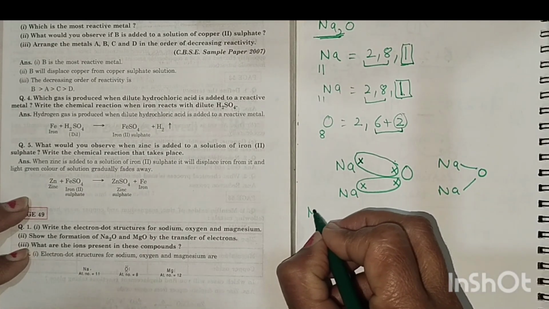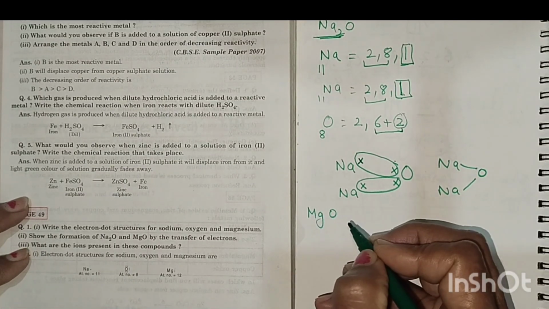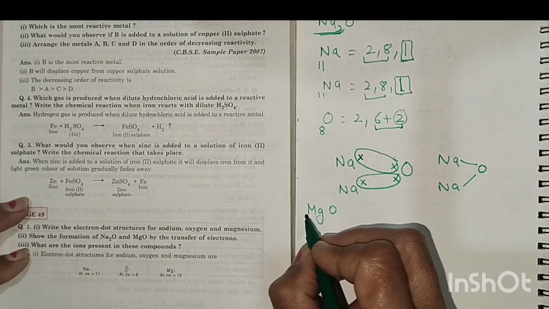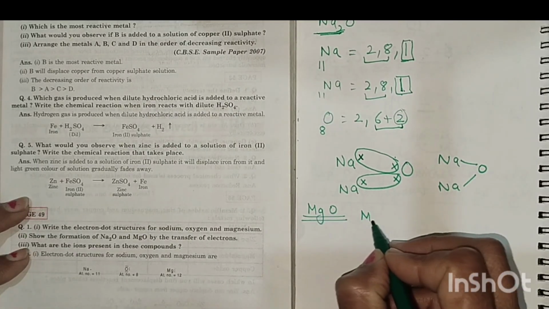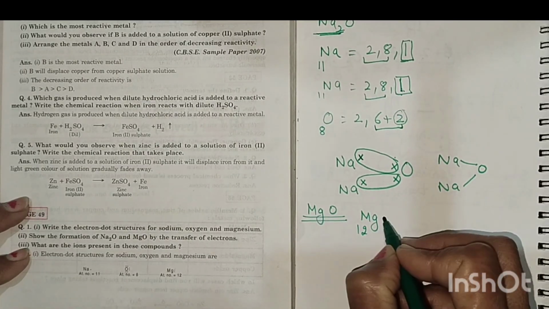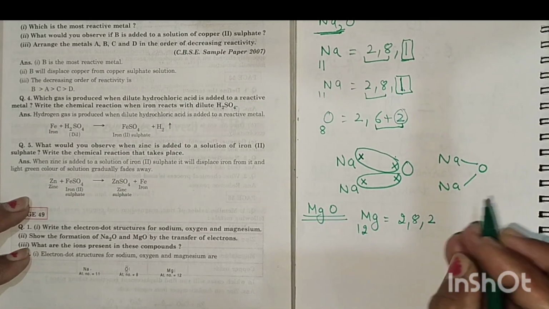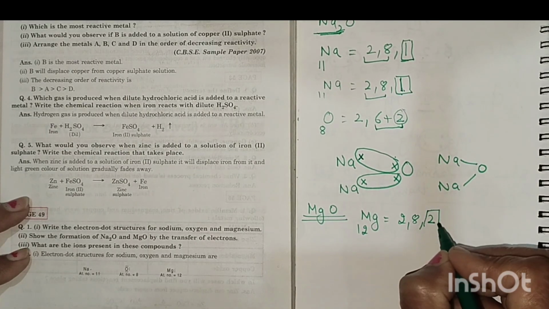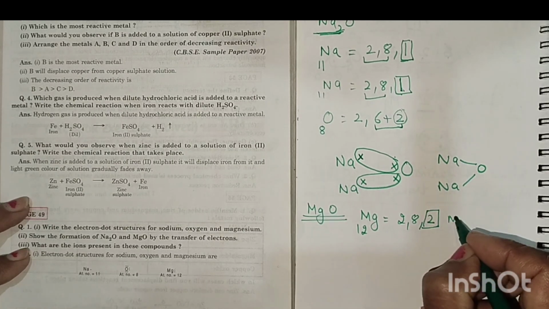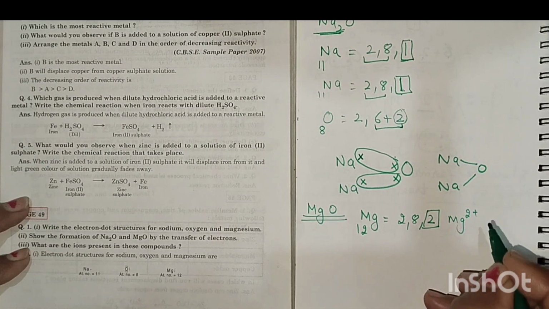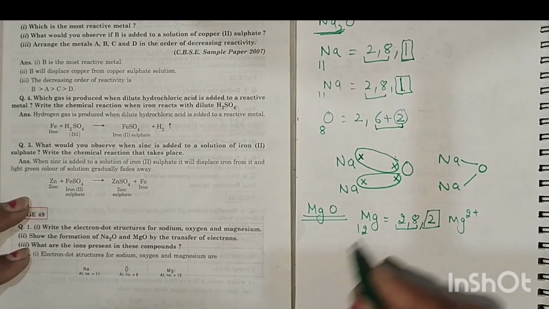Now magnesium oxide. Here the magnesium atomic number is 12 and its electronic configuration is 2, 8 and 2. It will lose 2 electrons and form the magnesium 2 plus ion, and its octet is complete.